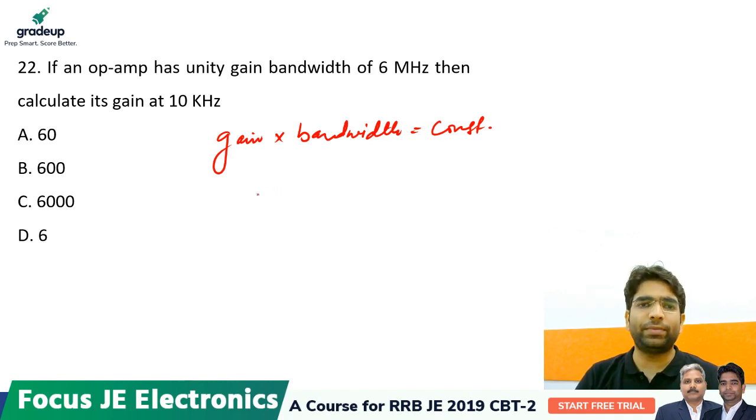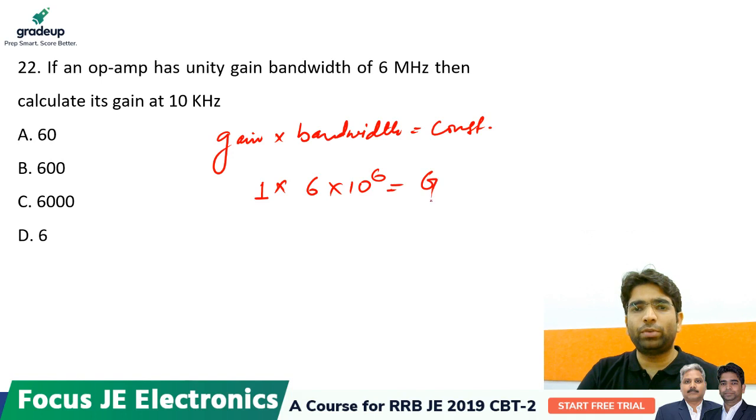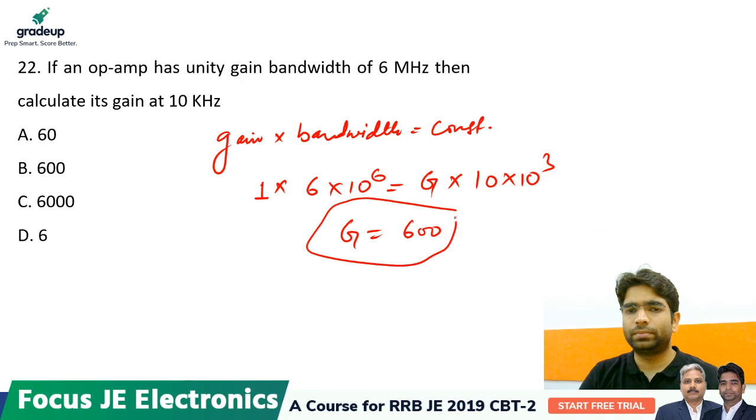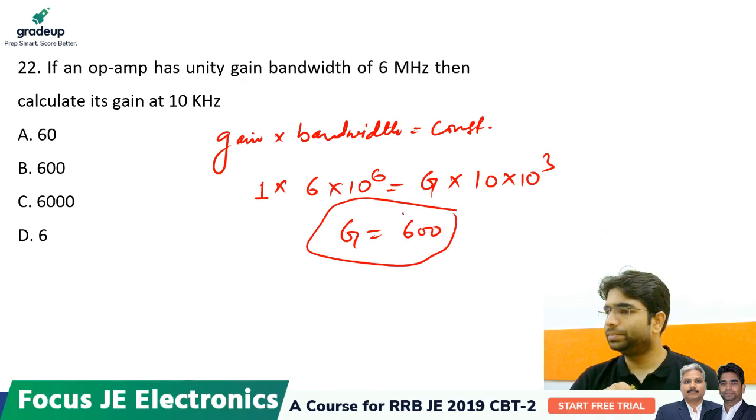Unity gain means gain is 1, and the bandwidth was 6 megahertz earlier. But now we have to find the gain when the bandwidth is 10 kilohertz. What will be the gain? 600? Correct.